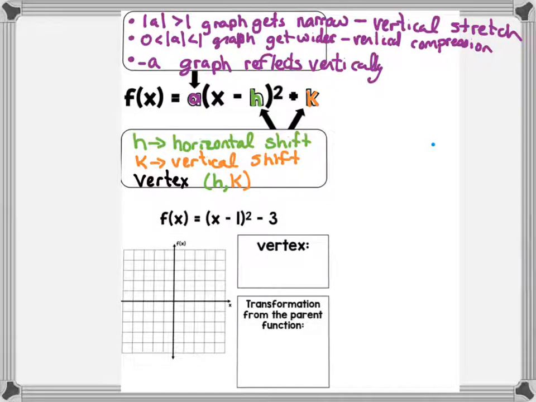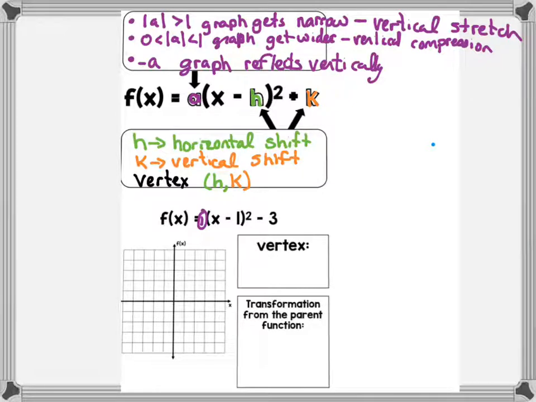So let's look at this first one. So if we look in front, there's no number here, so that means it's a 1. So that means it's not having a stretch or a compression, and it's not flipped, it's positive, so it's not flipped vertically. So let's now look at your vertex.